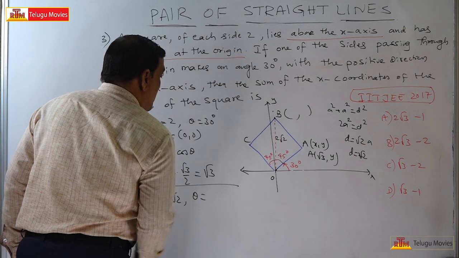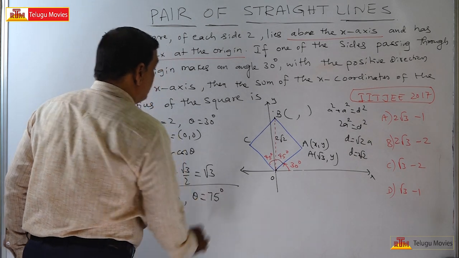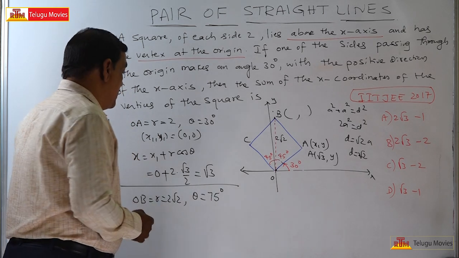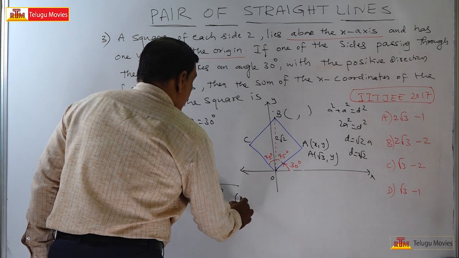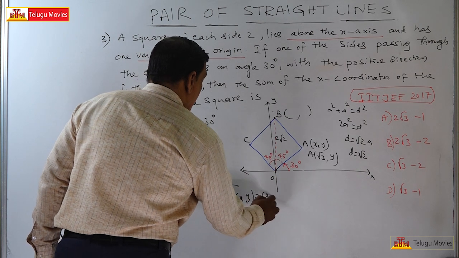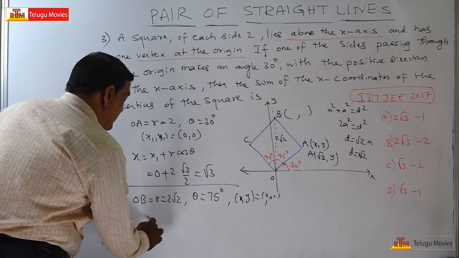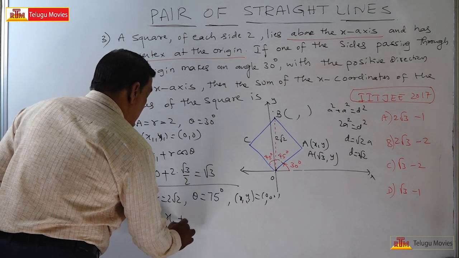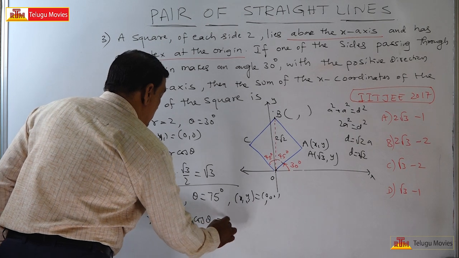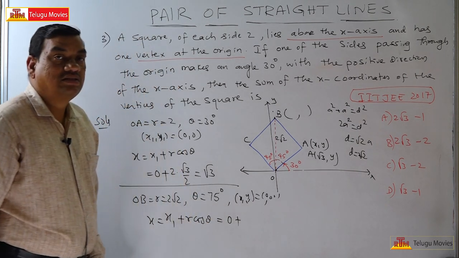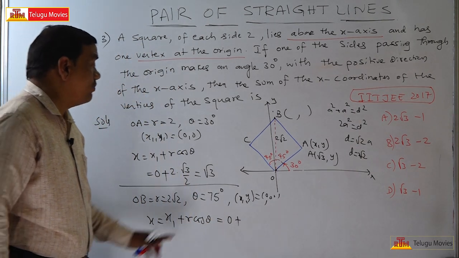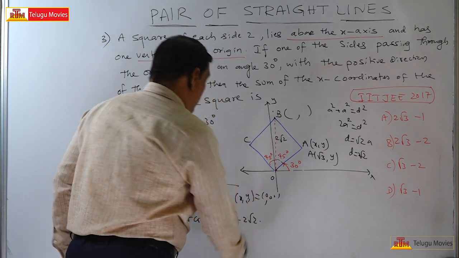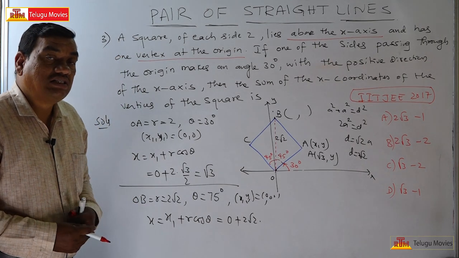Theta is nothing but 75 degrees, that means 30 plus 45, 75 degrees. And your x1, y1 is the same, 0, 0. So, your x is given by the formula x1 plus r cos theta. That is equal to 0 plus r value, length 2 root 2, into cos theta, cos 75.